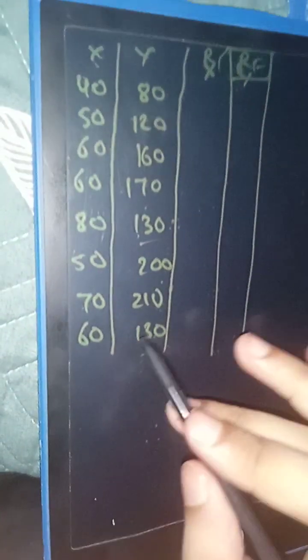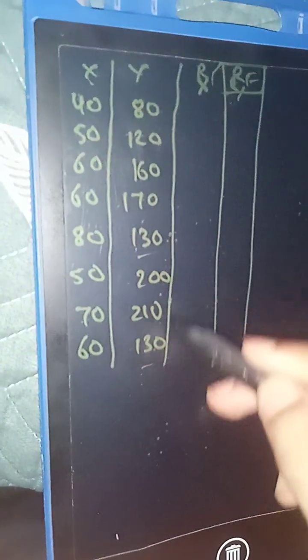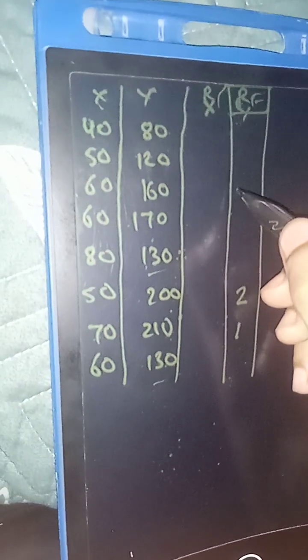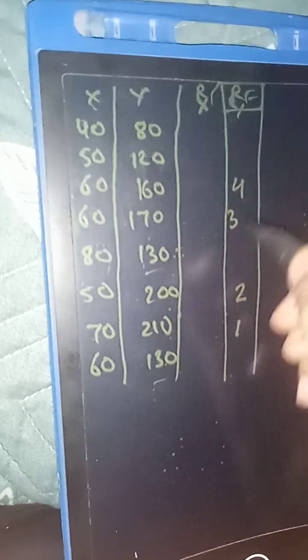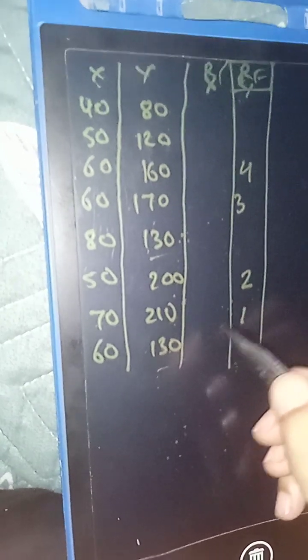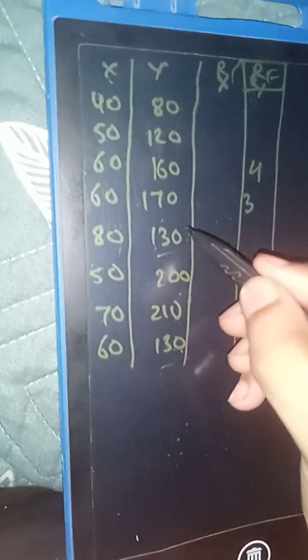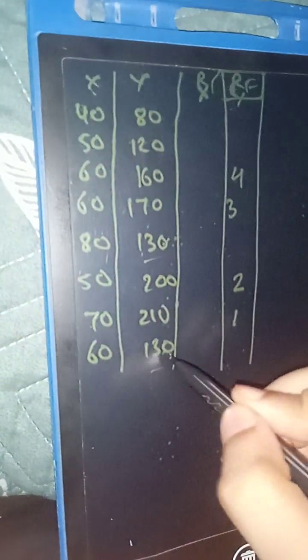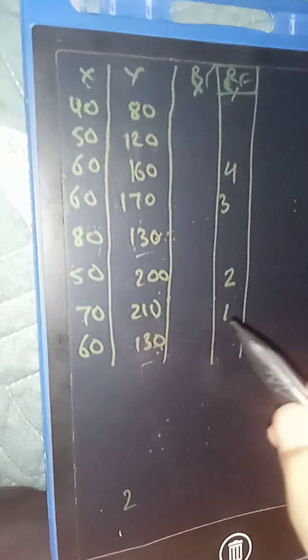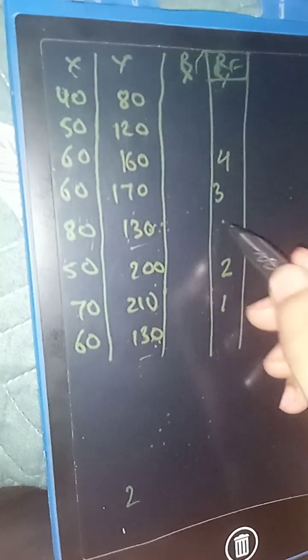Which number is the highest? It is 210. So 1, 2, and then 3, 4, and then comes 130. There are two such numbers. What ranks would be assigned if they were different numbers? 5th and 6th.